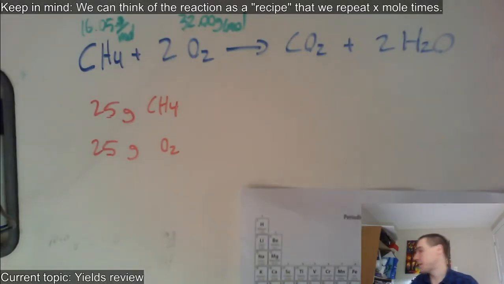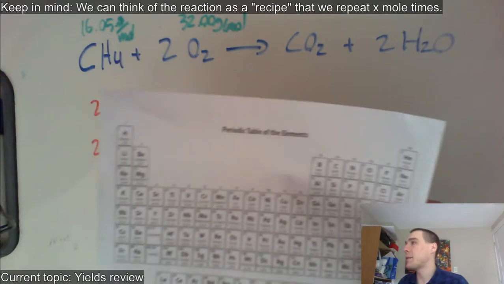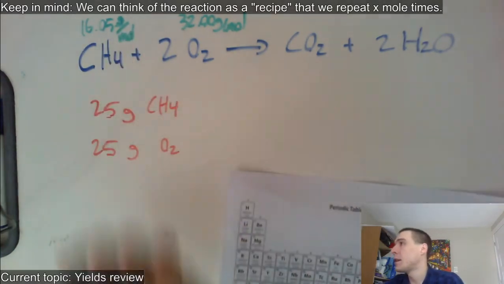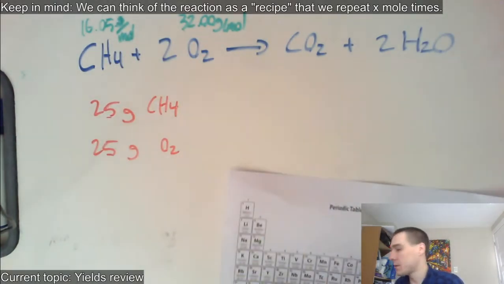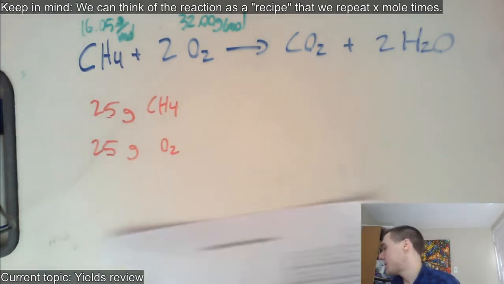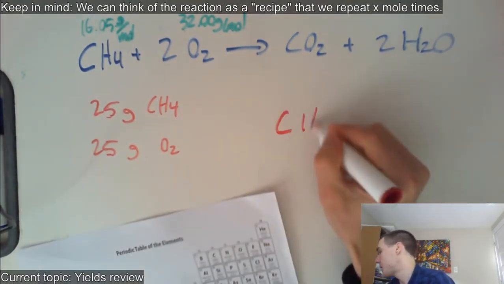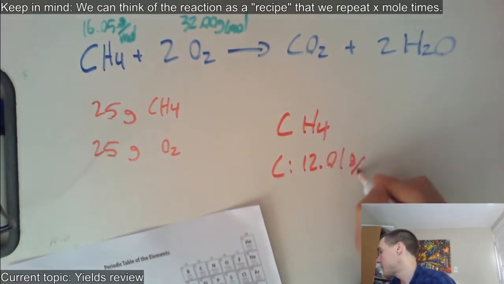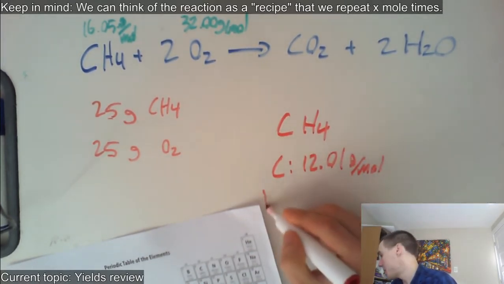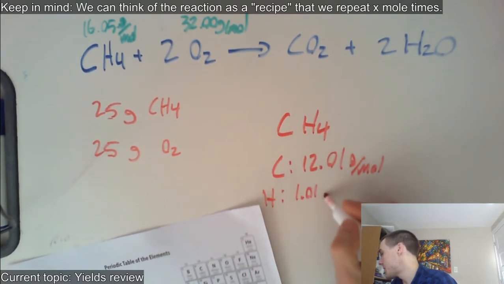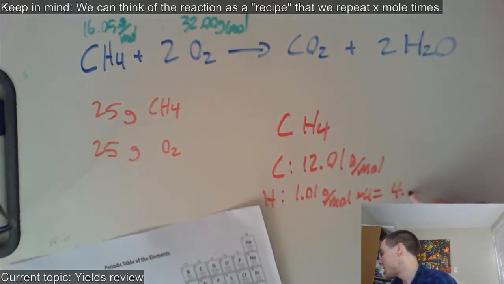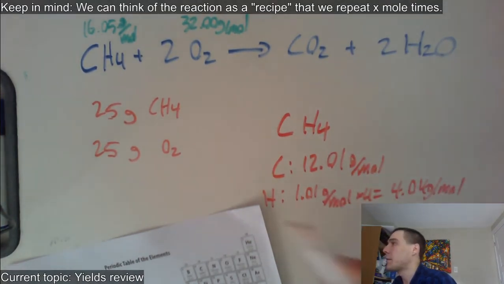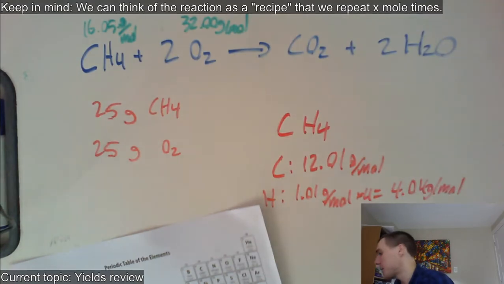What I've done is I've written it out here already, and I used my periodic table, and I worked out the molar mass of CH4 and the molar mass of O2. For CH4, carbon is 12.01 grams per mole, that's from my table, and hydrogen is 1.01 grams per mole, but there's 4 of them. That's 4.04 grams per mole, and then you add the 12.01 and the 4.04, you end up with 16.05.